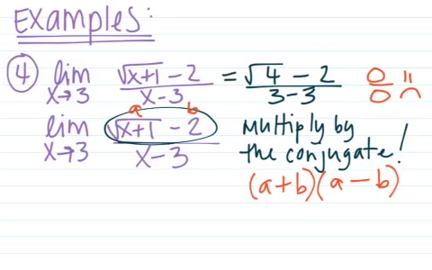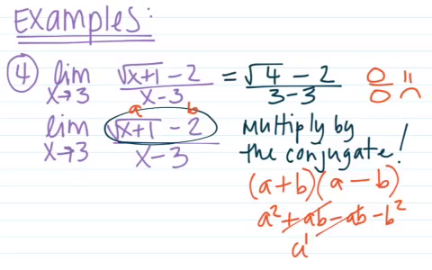And the reason we do this is because when you actually distribute or multiply out conjugates, the middle terms always cancel out, leaving you with the first term squared minus the second term squared. And so basically, this helps us because it takes that radical sign and it squares it for us.